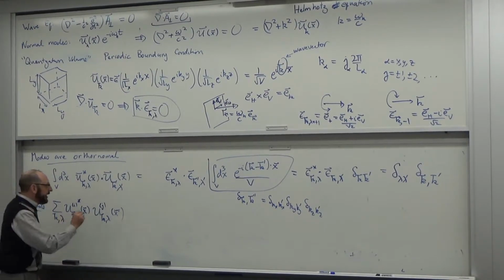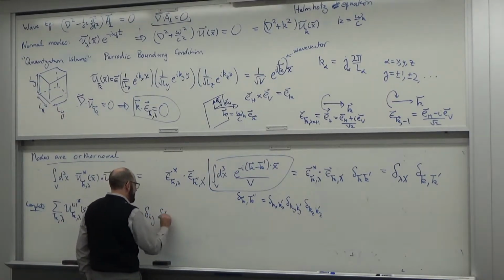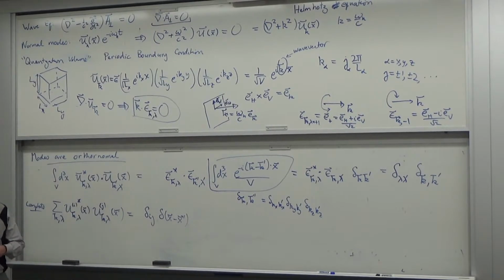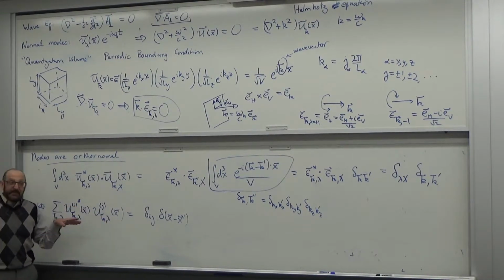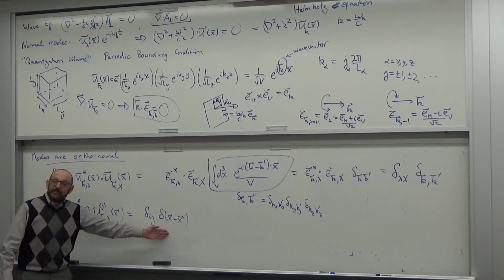If it was complete, I would have this delta function. Right? That's the completeness relation. If we didn't have the vector part, as we discussed last time, a complete set of functions that spans the Hilbert space, this would be a delta function, right?